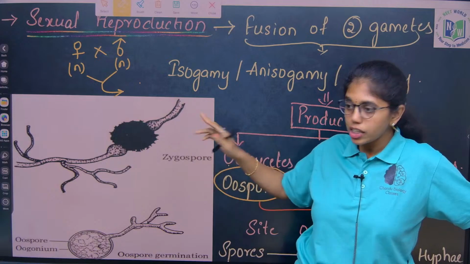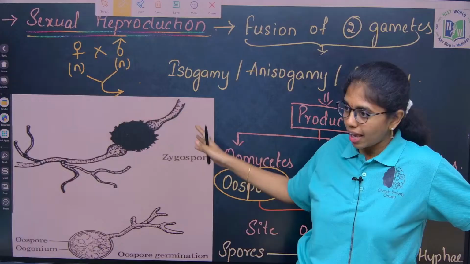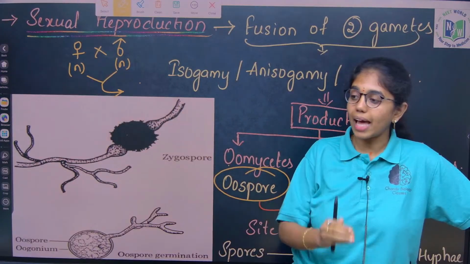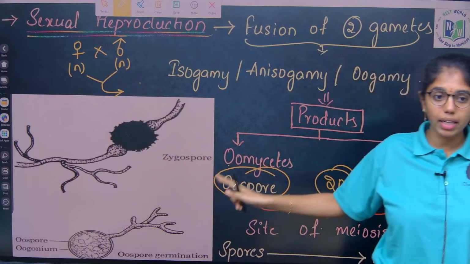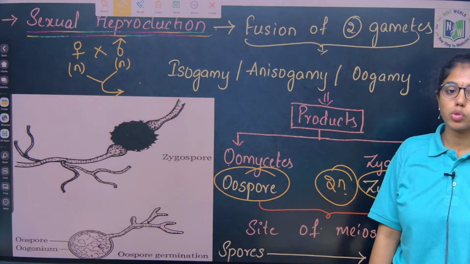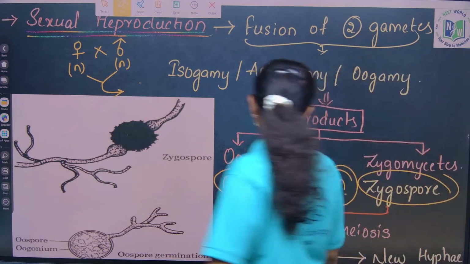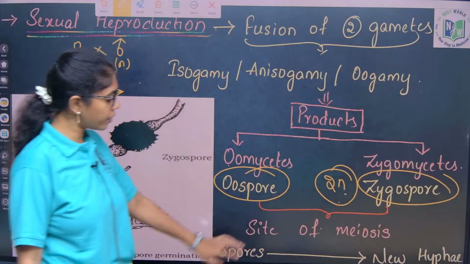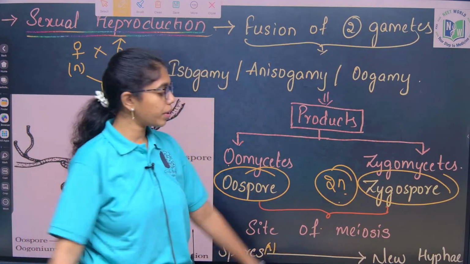Fungi also have a thalloid body, and algae also have a thalloid plant body. So in the thallophyta members, zygotic meiosis will occur. Is that clear? After the meiosis, the spores which are formed are haploid, which will develop into new hyphae.